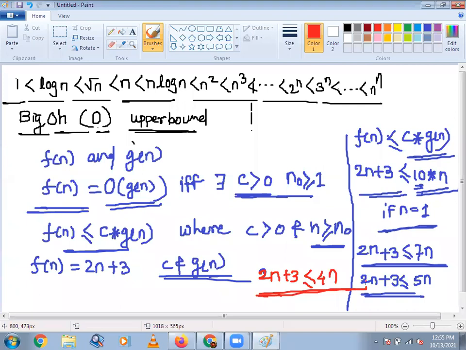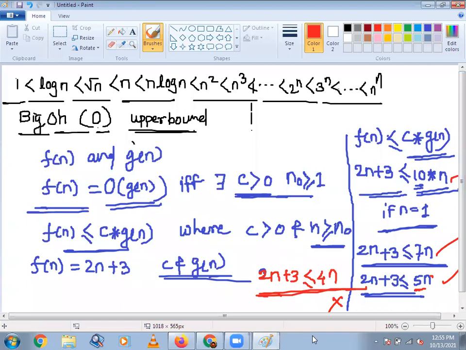No sir. Up to 5, you say yes. For this case yes, for this case yes, for this case you say no. Why, what is the reason? Because it is not less than or equal to. Okay, this is the first point.